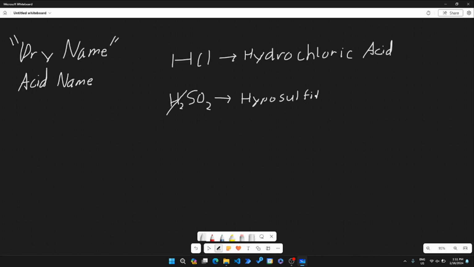Hyposulfite, so we remove the ite and change it to an us. So hyposulfurous acid.